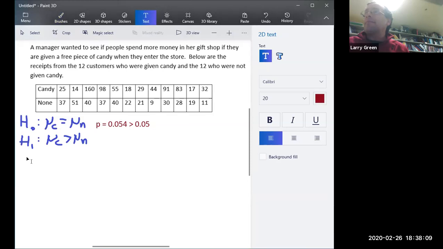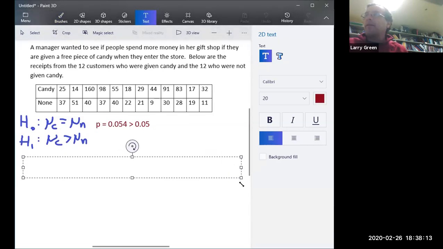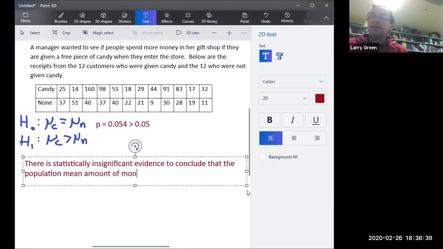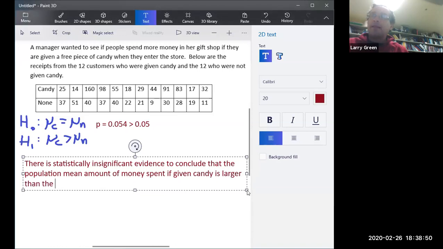So then there is statistically insignificant evidence to conclude that the population mean amount of money spent if given candy is larger than the population mean amount of money spent if not given candy.